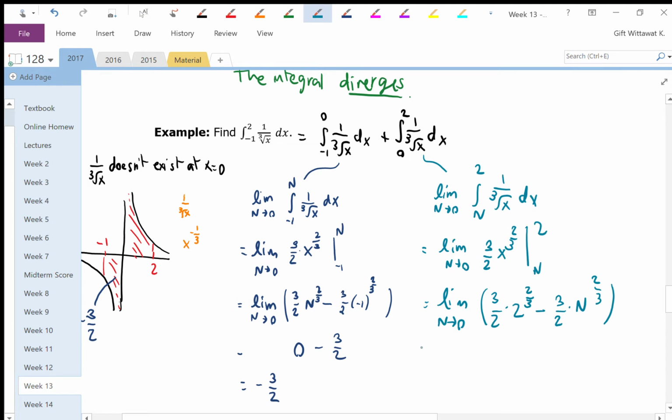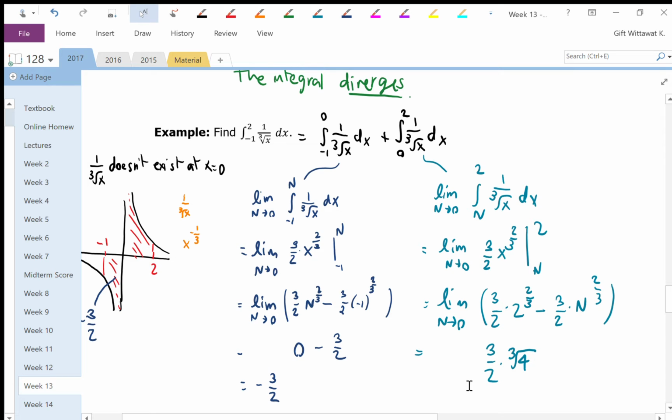Now, what is this chunk? 3/2 times 2 to the 2/3 is just 3/2 times the third root of 2 squared, which is 4. And this other term is going to be 0, so let me just leave that out.